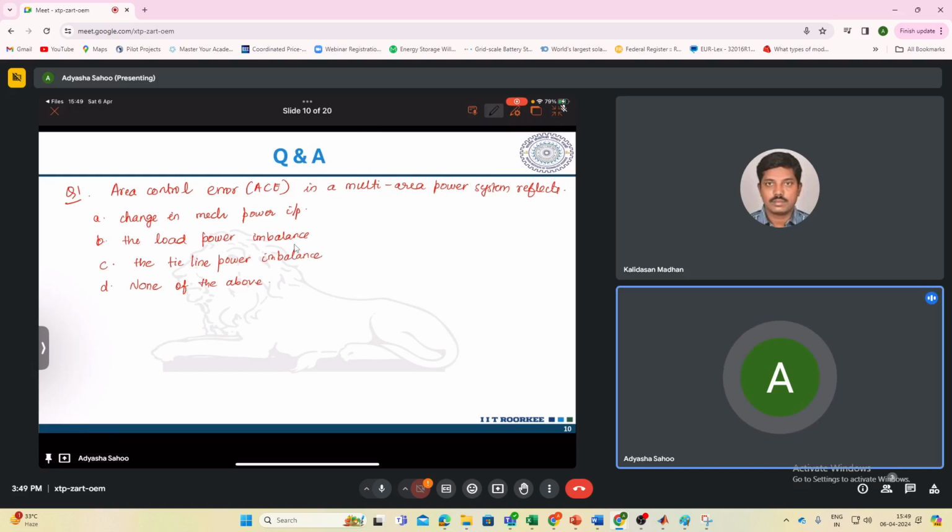So briefly, what I can say is this area control error is directly related to the imbalance in the load. We'll see it in the next week in detail.